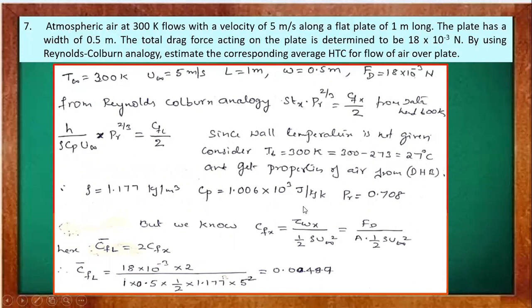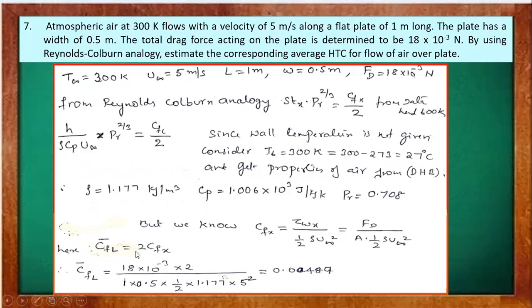So obtain the data. Then we know that Cfx, the friction factor, is equal to tau Wx by half rho U infinity squared. What is tau W? It is drag force by area, and that is divided by half rho U infinity squared. But we know the average friction factor is equal to 2 times the Cfx. So get the average friction factor.